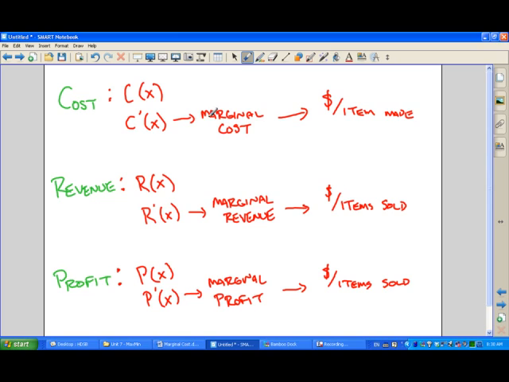If we're dealing with derivatives, then these three derivative equations would also be considered instantaneous. So you might see it referred to as instantaneous cost, instantaneous revenue, or instantaneous profit.